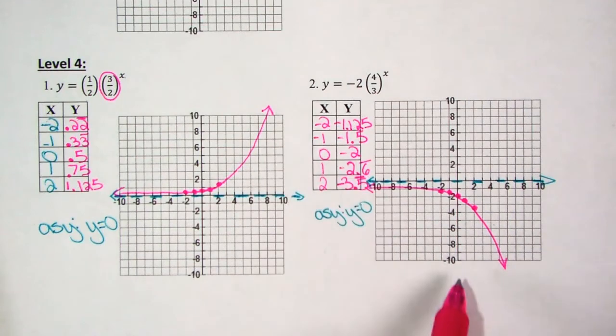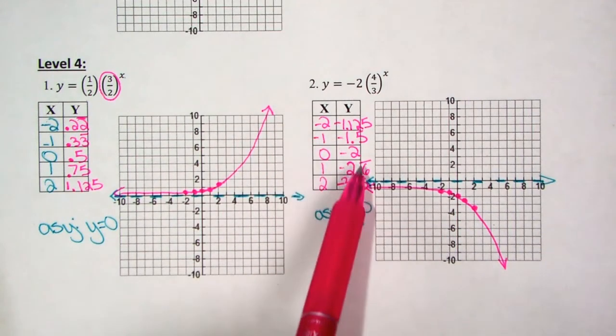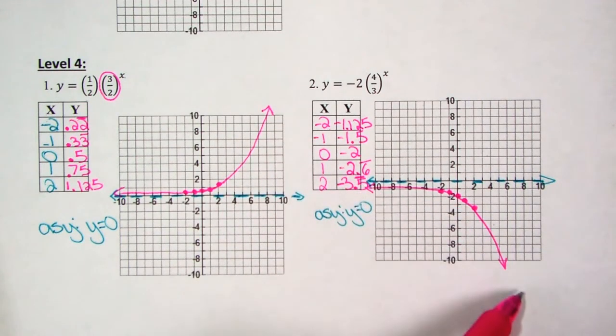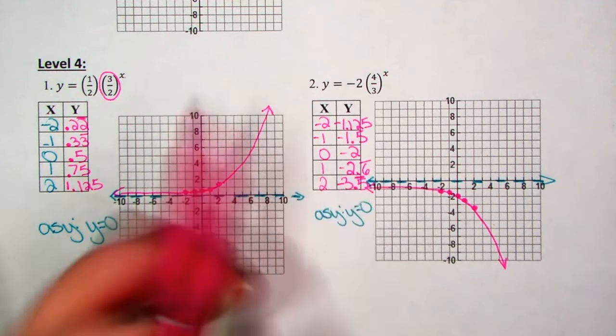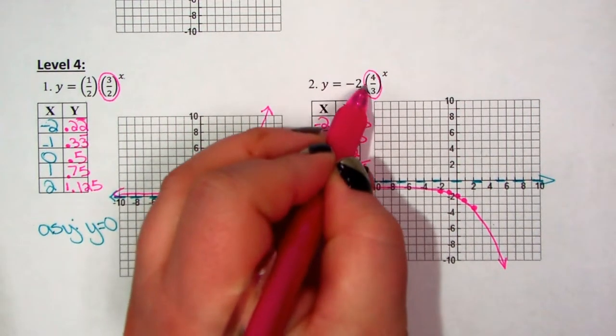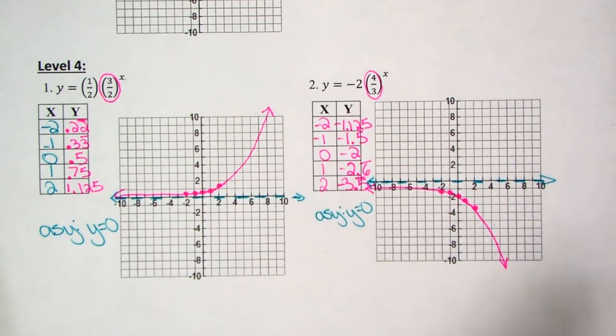Now that this one's graphed, you can see that it goes down from left to right. And I know that we have talked about with decay, it goes down from left to right, and growth, it goes up from left to right. And you look at this and you're like, but this B value indicates that it is growth. Yes, it is still growth.